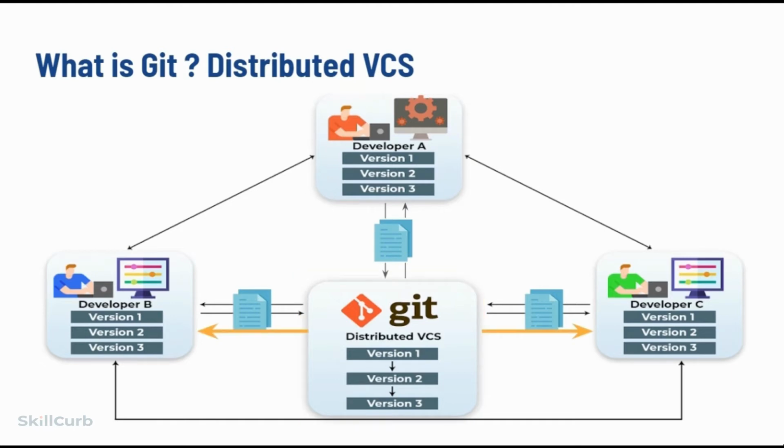The key role of such a distributed system in this case is to inform the other developers B and C about the new available versions and also update them in their local systems so that all are up to date with the latest versions of the source code. This is what Git does. It redistributes the changes to all the users connected to a common repository.